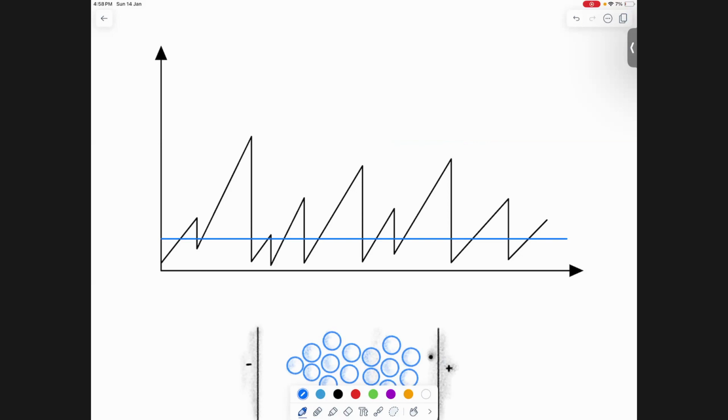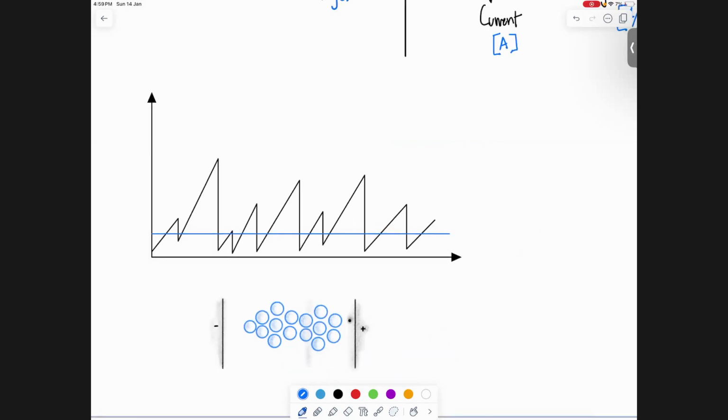Are you with me so far? So yeah, this is the graph. Can you tell me what the y-axis will be for the black line? Yes, the velocity of the electron, the actual velocity of the electron, in meters per second, and the x-axis is what? Time.